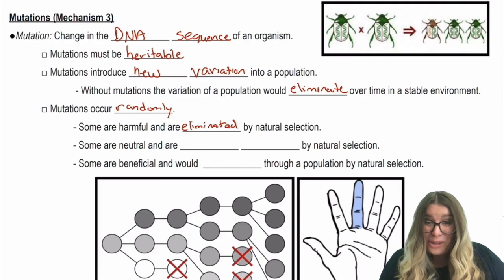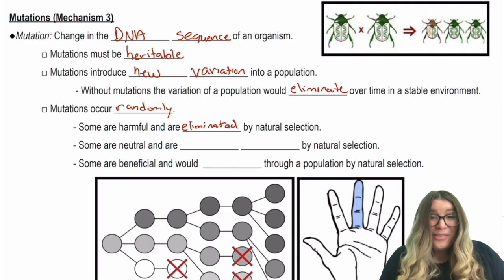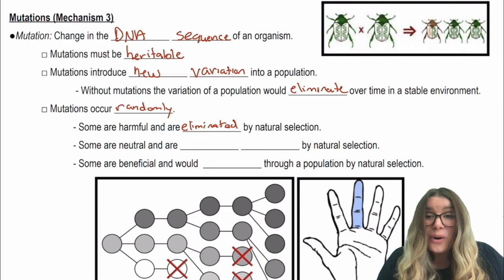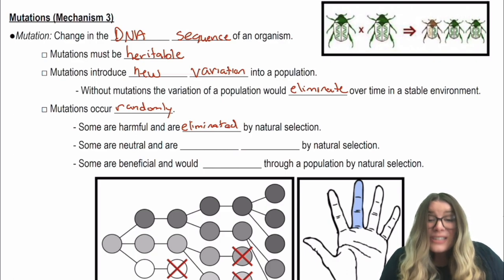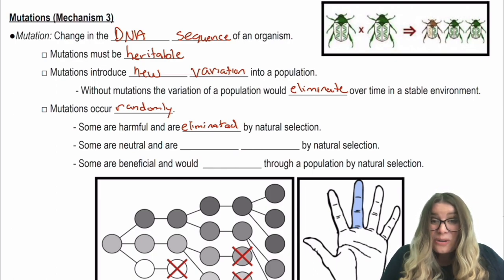Additionally, some of our mutations are neutral, which means that they're not going to affect your phenotype. And if they're not affecting your phenotype, they're not going to lead you to have either an increase or decrease in your chance of survival. So if they're not increasing or decreasing your chance of survival and reproduction, then they're not going to be affected by natural selection.